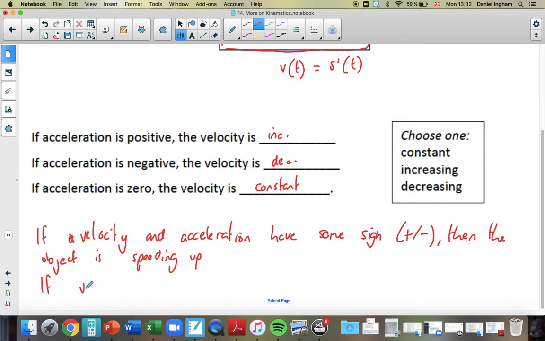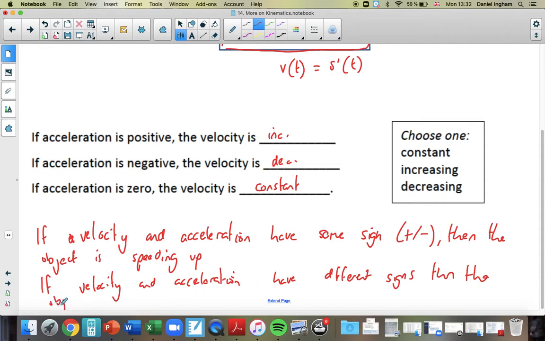And if velocity and acceleration have different signs, then the object is slowing down.